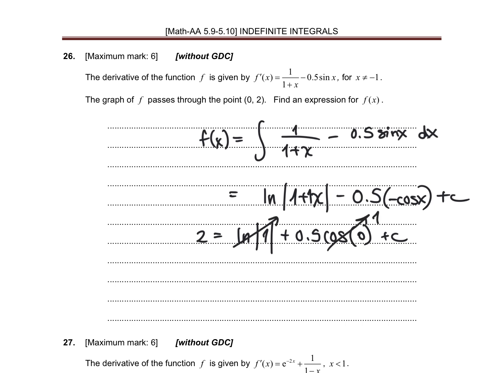This natural log 1 is 0 because e to the 0 is 1. And then this is just going to be 0.5. So we subtract 0.5, that's 1.5 is c. So we have f at x equals natural log 1 plus x plus 0.5 cosine x plus 1.5.